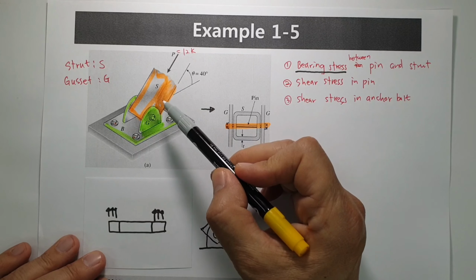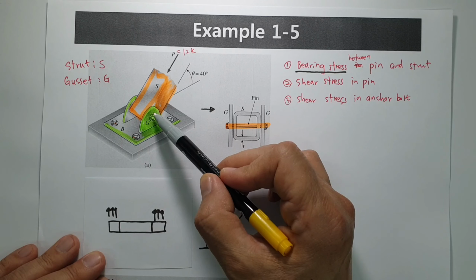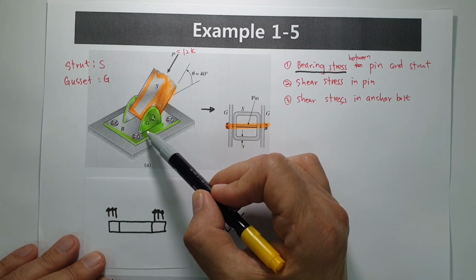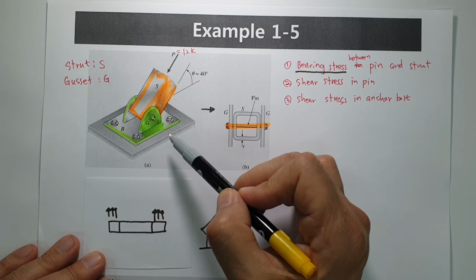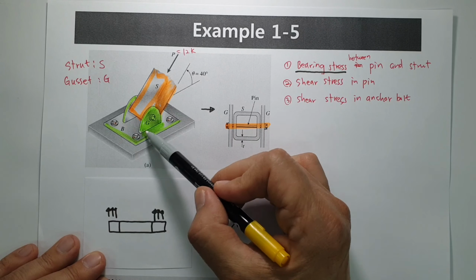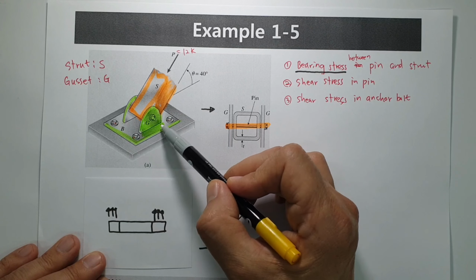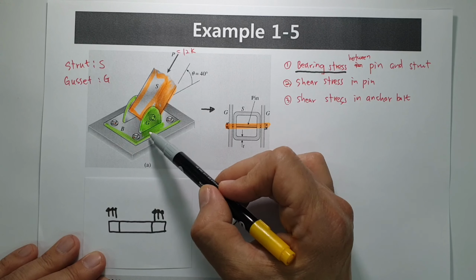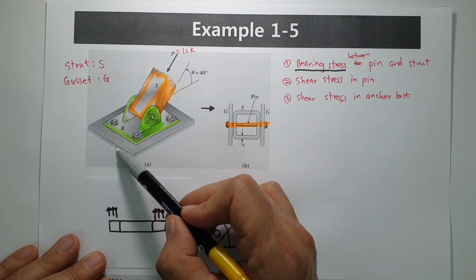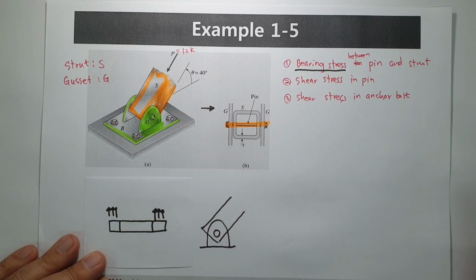We have some strut S assembled to gusset G. Gusset G is welded on the plate, and the gusset and the base are firmly welded as one body. This assembly is combined on the bottom by anchor bolts: 1, 2, 3, 4 anchor bolts.